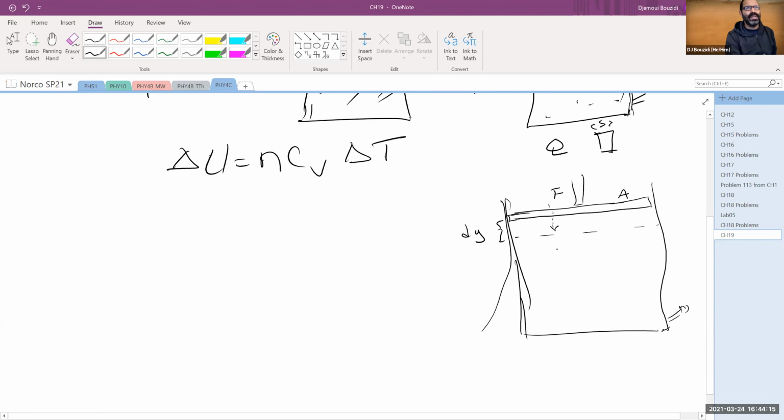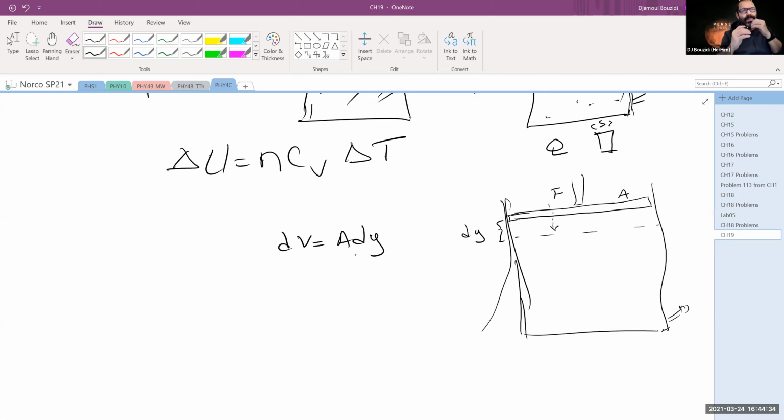Do you understand? Does it make sense? If I move the piston on the gas, the volume shrinks by A dy. So dV in this case is going to be A dy. It's less volume. This is the amount of shrinking of the gas.